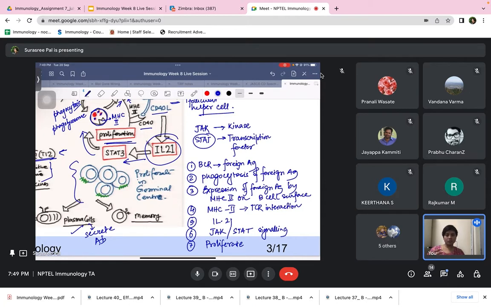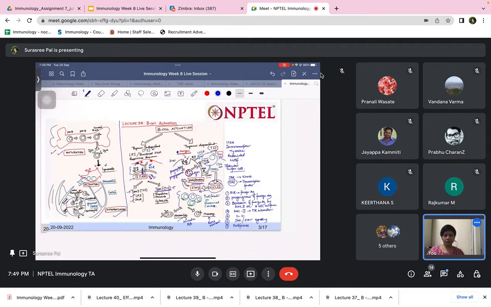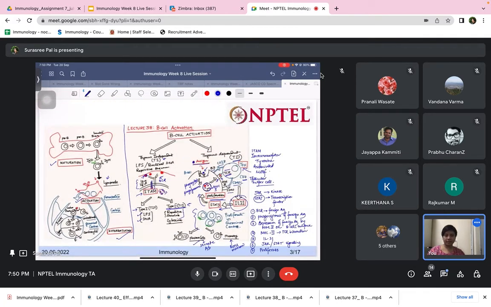They will produce these immunoglobulin molecules in much higher quantity, and now they will secrete them so that these immunoglobulins can reach the bloodstream and then can neutralize the toxin, or they can also do the opsonization, right? Or they will also become memory B cells, which will help the body to fight any further infection by the same pathogen, right? And these memory B cells will go to the bone marrow for any future use. All right, so this is how the B cell activation is taking place.